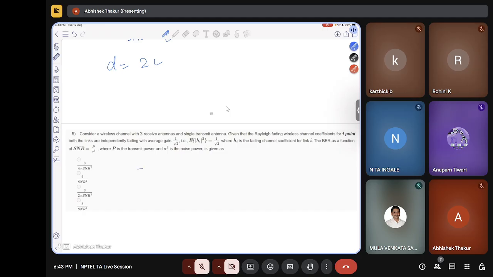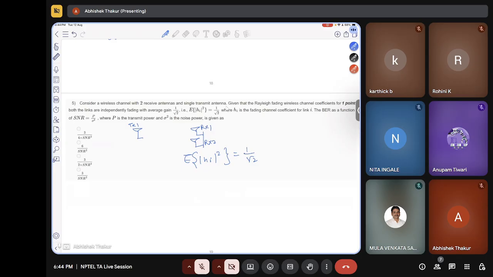So there is one transmit antenna TX1 and two receive antennas RX1 and RX2, and the expectation of the channel vector is 1 by root 2. h_i is the fading channel coefficient for link i. The bit error rate as a function of SNR, which is P by sigma square, where P is the transmit power and sigma square is the noise power, is given as? We have to find the bit error rate.